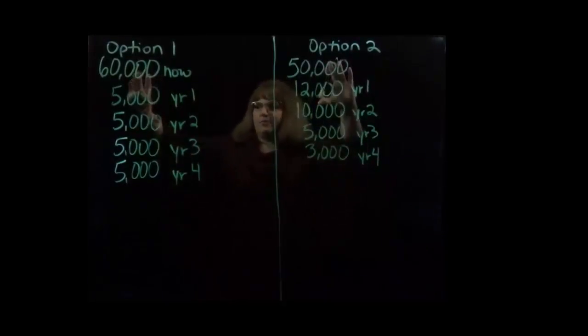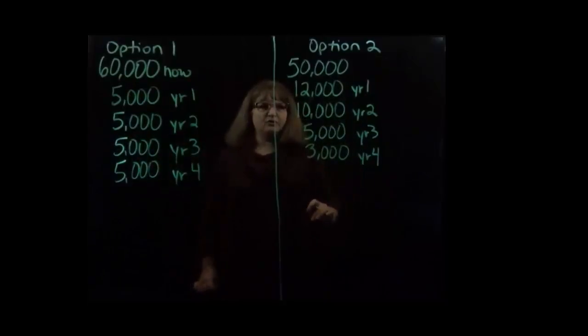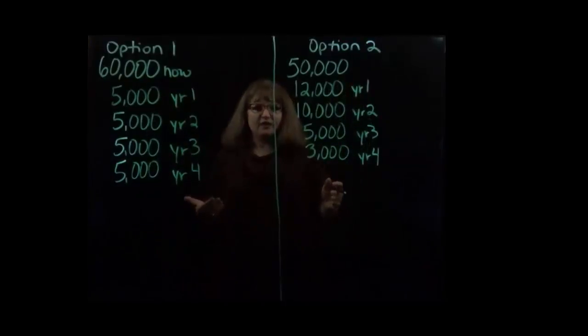As you can see, both payments add up to a total of $80,000, but the timing of them differs. And because the time value of money matters, we need to figure out which is going to be more advantageous for them.